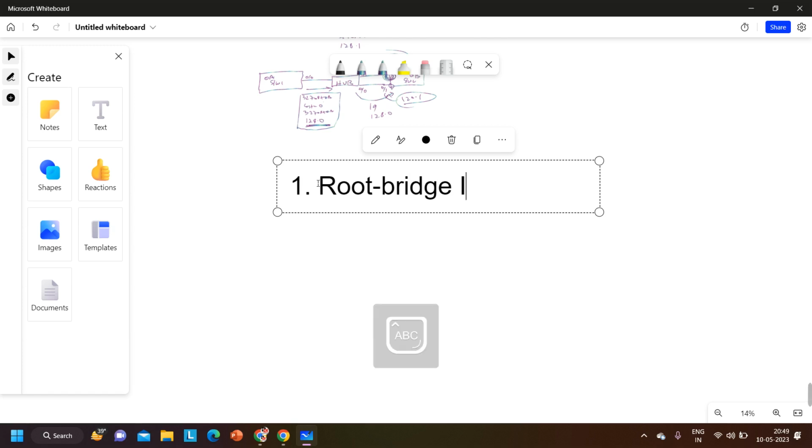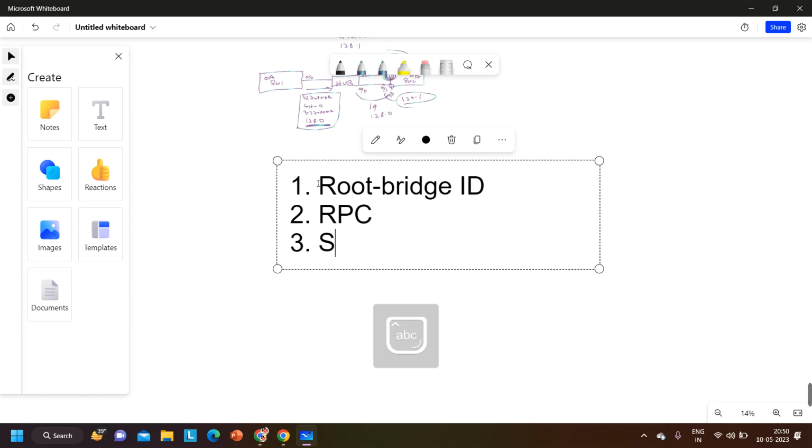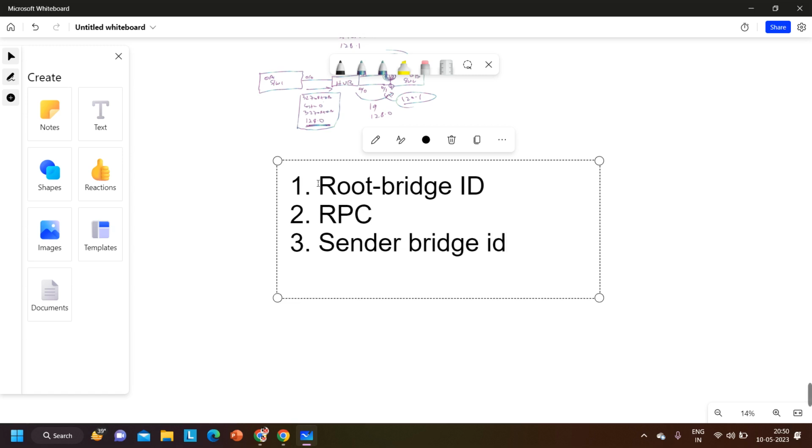First of all, it is going to check the root bridge ID. Then it is going to check the root path cost, RPC. Third, sender bridge ID. Fourth, sender port ID.